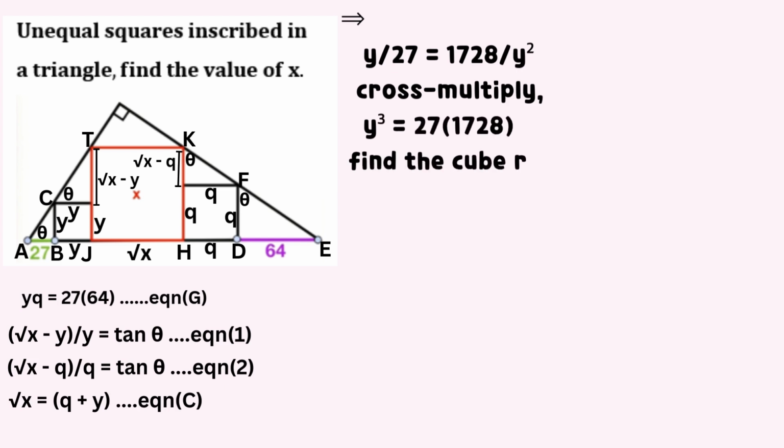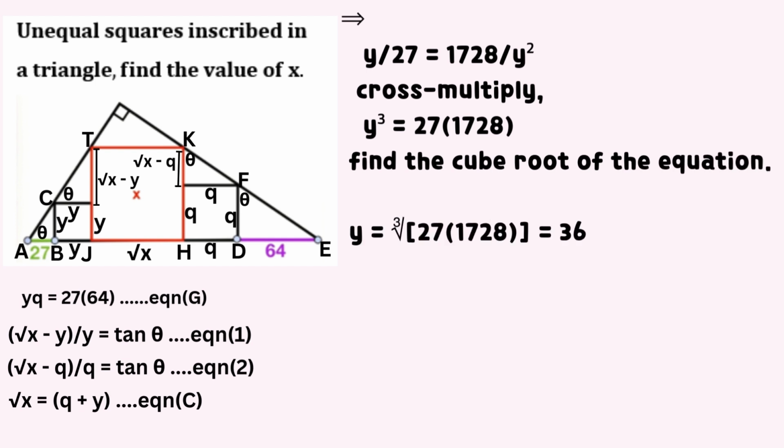It implies that y divided by 27 equals 1728 divided by the square of y. Cross multiply and we have that the cube of y equals 27 times 1728. Find the cube root of the equation, so that y equals the cube root of 27 times 1728, which equals 36.